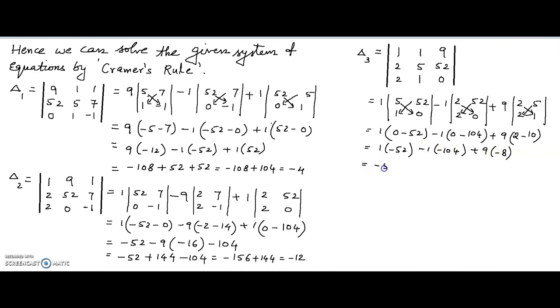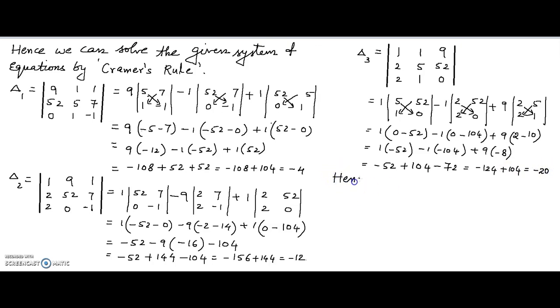So we have minus 52, minus into minus is plus 104, 9 into 8 is 72, plus into minus is minus. So we have minus 124 plus 104 is equals to minus 20.